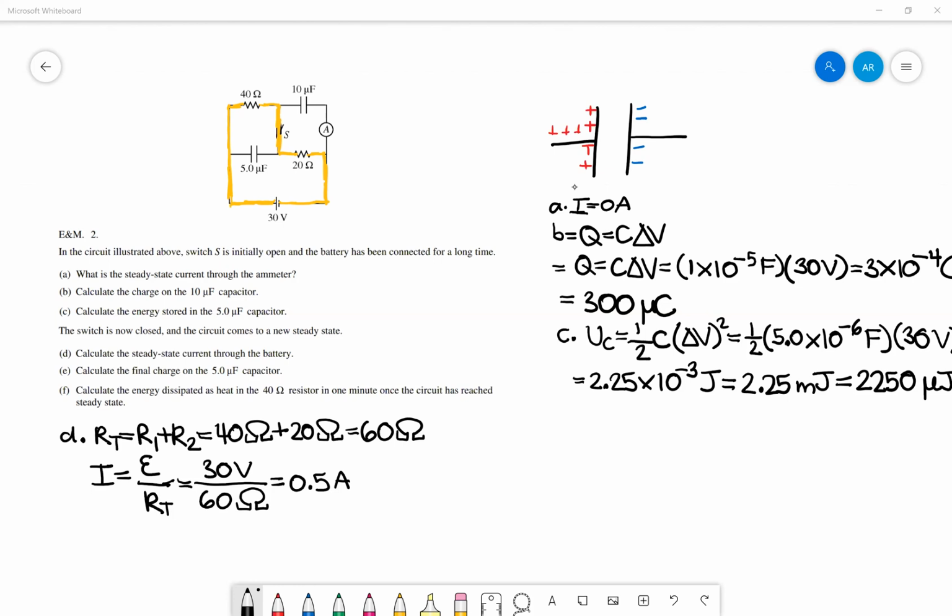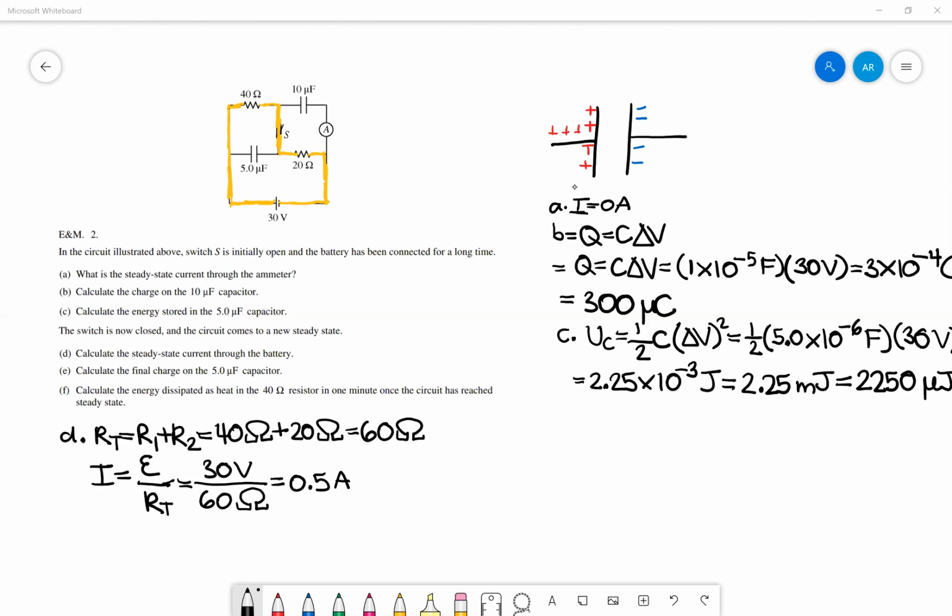But it shouldn't really be worrying if you know what exactly you should do. So let's just see how we should approach part E.